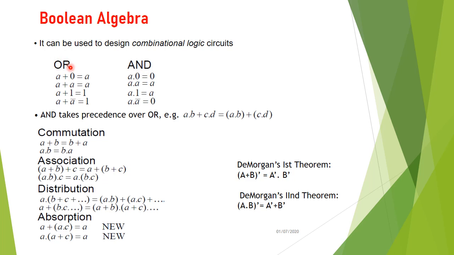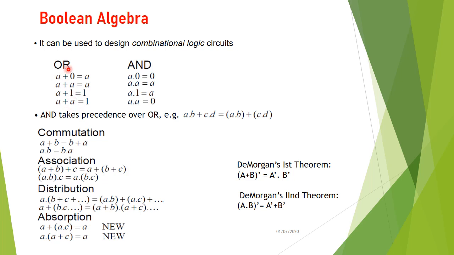In that, first we will cover the ORing rules of Boolean algebra. Let's take one variable as A. Now, this A will be ORed either with 0 or 1, with itself or with the complement of that.